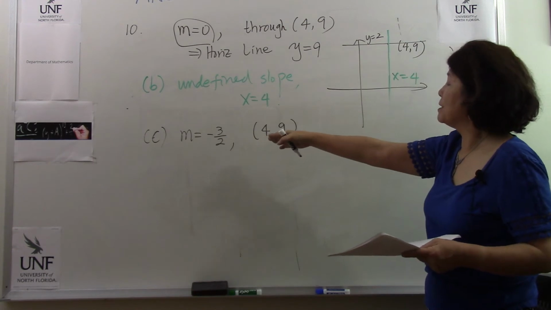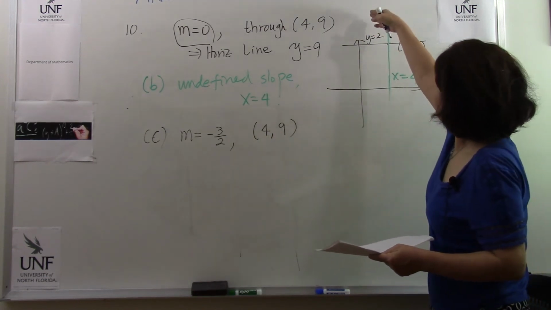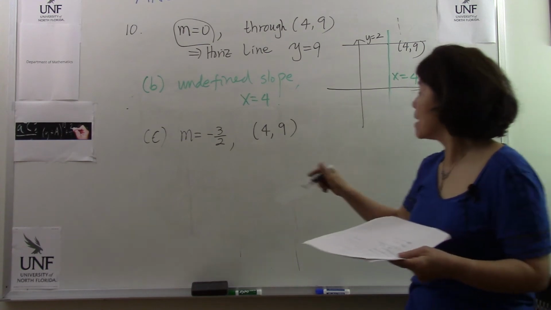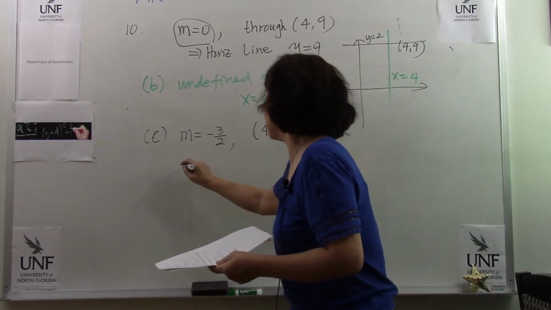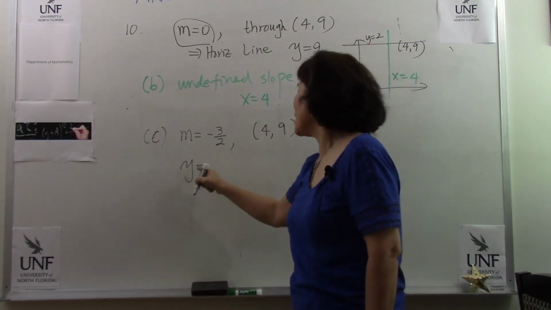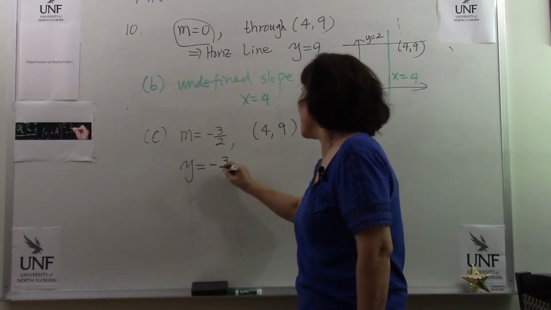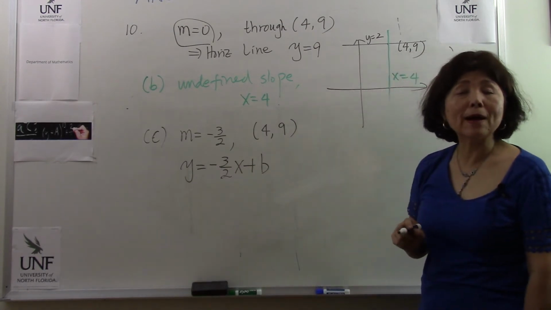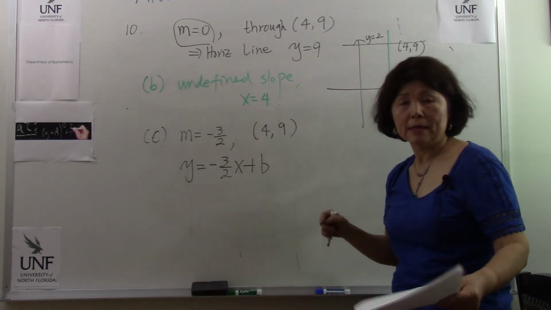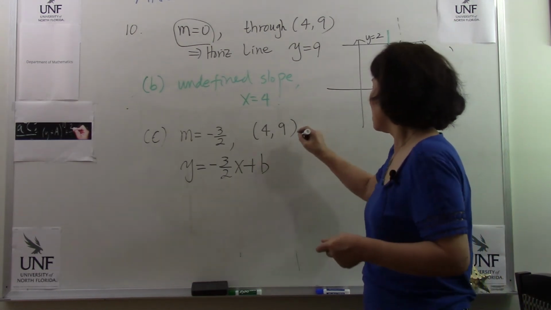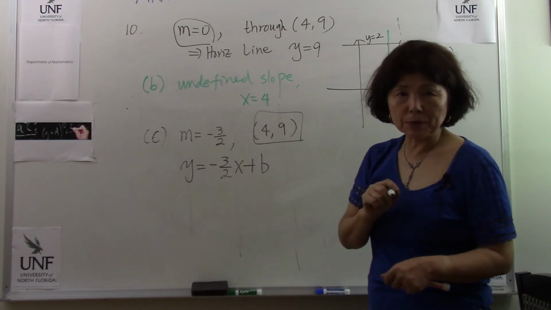On the other hand, the slope is -3/2, so something is falling going this way, correct? Okay, so I can tell this much. We can say this line equation is y equals -3/2 x plus b. So the question is, how do you find the value of this b? Always we are going to use the point that line goes through.